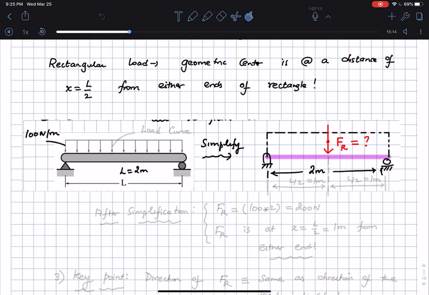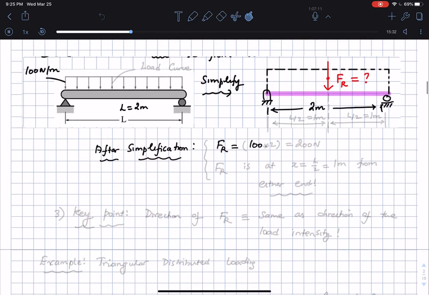Okay, now we see that in this case we have simplified. So for us, after simplification, since we have the rectangular load, FR is 100 times 2, which is 200 newtons, and FR is at x is equal to L by 2, which is 1 meter from either end.